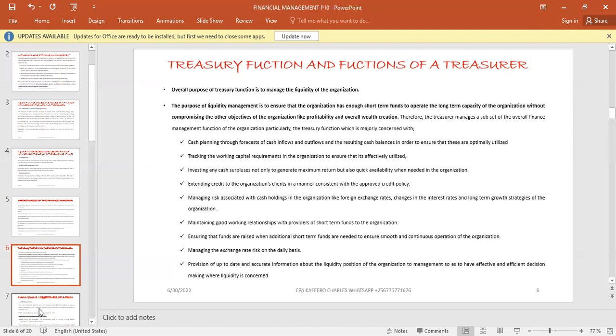If there is cash planning, we are looking at how we are going to be spending this money, what will be our inflows, what will be the receipts, what will be the income, where are we going to be getting that income to finance these expenditures we have. And having known that, we don't stop there. We look at the balance. Is this balance enough to push us into the next accounting period?